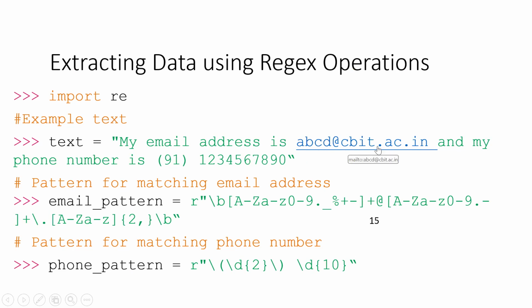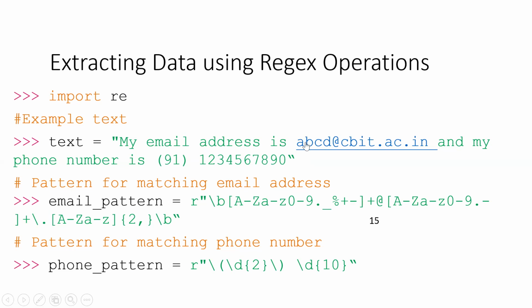I have to generate this regular expression in order to get this type of email ID. And I have given the phone number. My phone number pattern is, you should have the code 91 enclosed in brackets, and the other 10 digits can be anything, 1, 2, 3, 4, 5, 6, 7, 8, 9, 0. So 0 to 9, any numbers, 10 digits should be there.